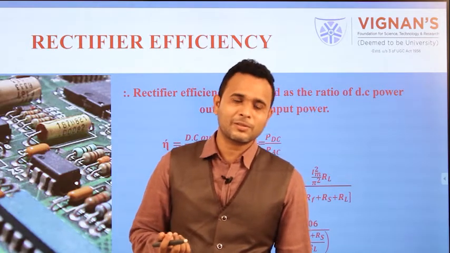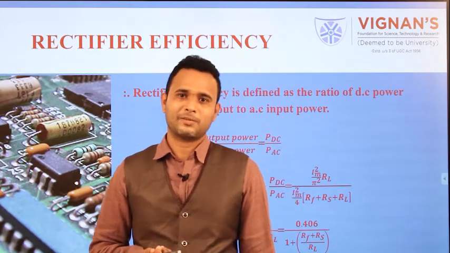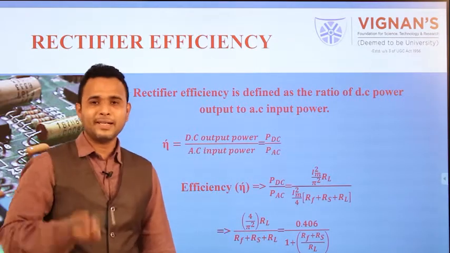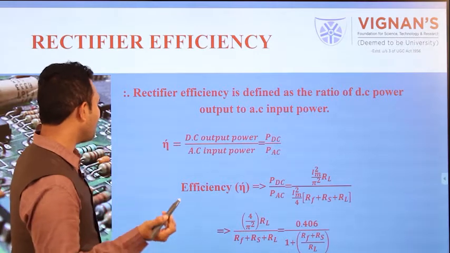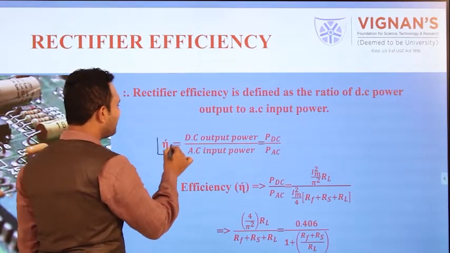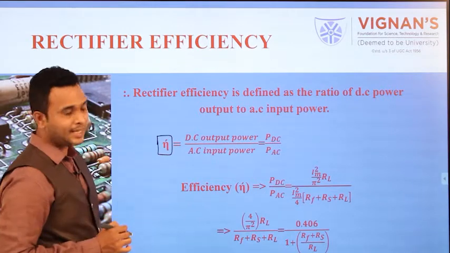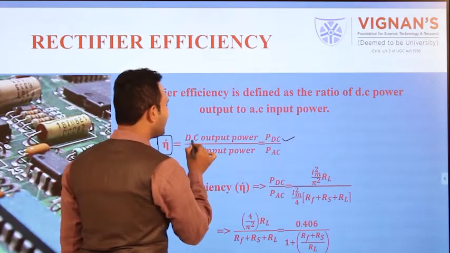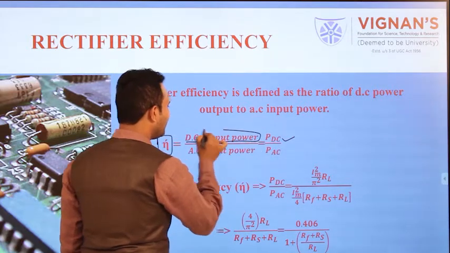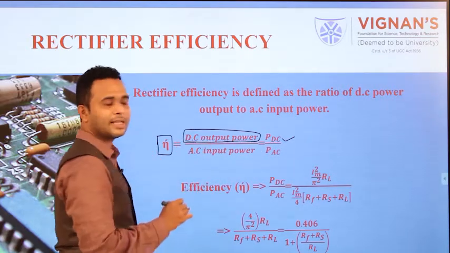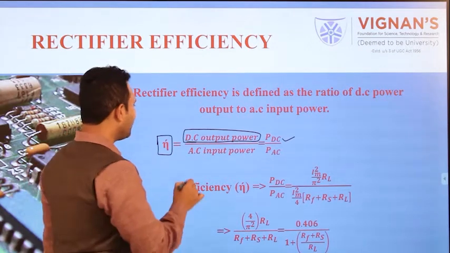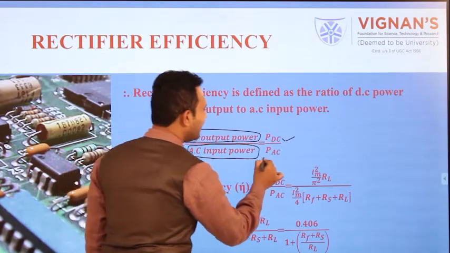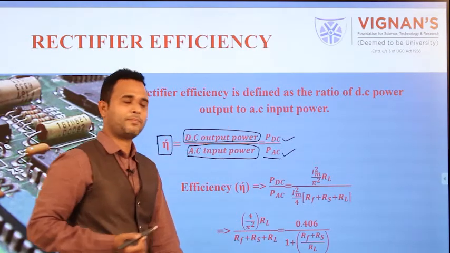So not just for your marks, for circuits also we have to calculate the efficiency, right? So efficiency is output by input. What is our output? Here efficiency will be defined as eta is equal to PDC, the DC power, divided by the AC power, PAC, right?